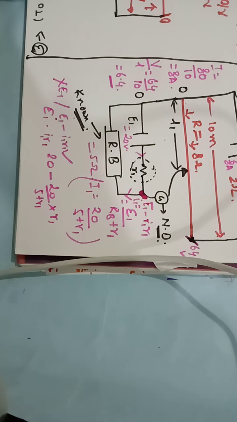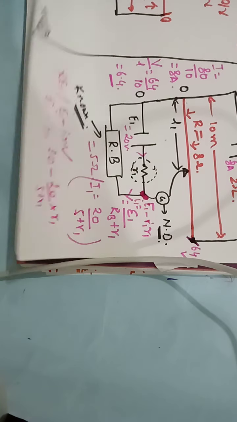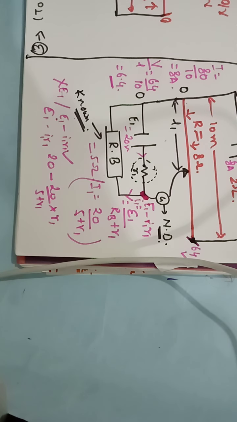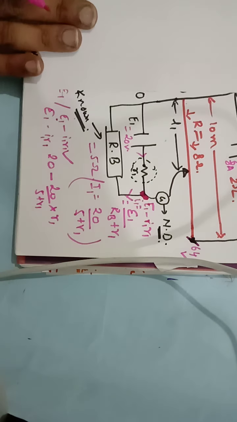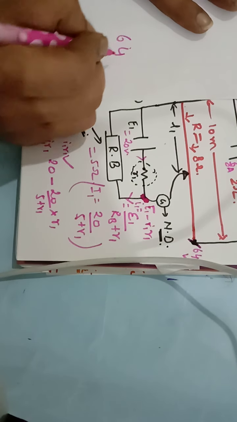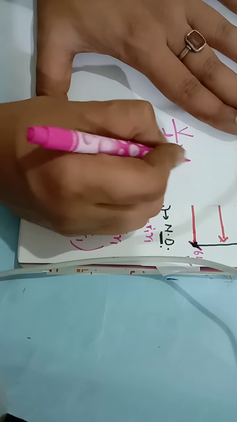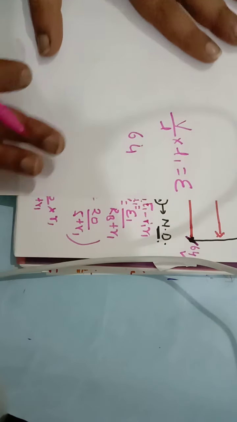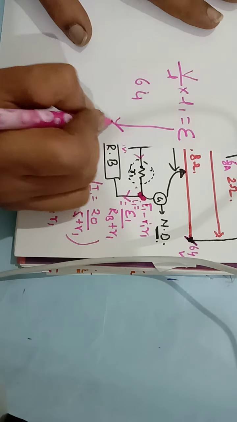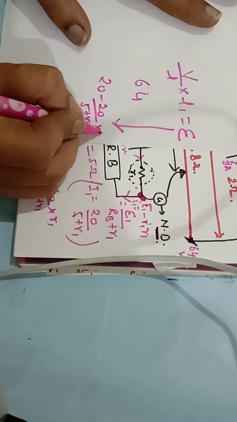Now we have to balance over here, right? So for balancing, we can see that the voltage gradient V by L into L1 equals E. This was there, and in this case E is 20 minus 20 by (5 plus R1) into R1.